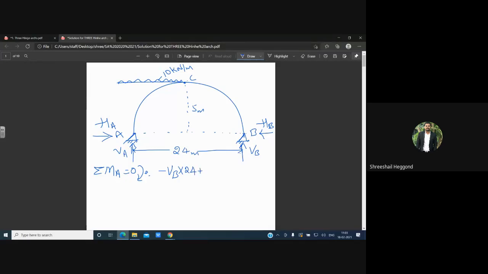You can write 10 into 12 meter, and the distance from the center of loading condition is 6 meter. So equate it to 0, find out the VB value. VB is 30 and VA is 90 kilonewton.